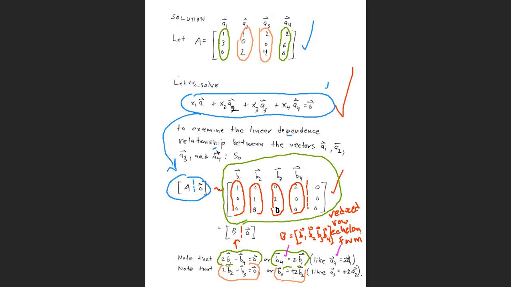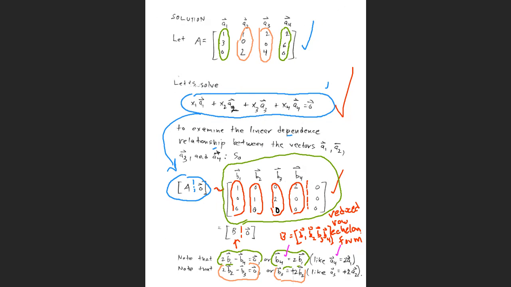It's easier to see the linear dependence relationship between the column vectors of a reduced echelon form matrix than it is for just some random matrix with a number of column vectors. So you see, you're going to use row operations to determine if you have a basis or not.